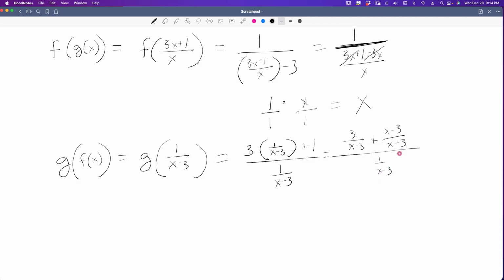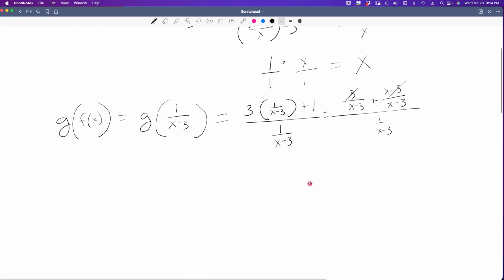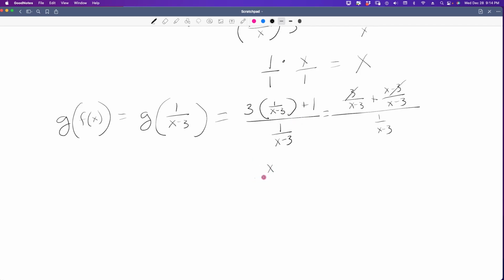So what I see here is these are going to be combined. And when these are combined, I have a positive 3 and a negative 3. So those are going to cancel out. So this is going to end up being x over x minus 3, divided by 1 over x minus 3. So when I keep it, change it, flip it, I get x over x minus 3 times x minus 3 over 1. These cancel. My answer is x over 1, which equals x.